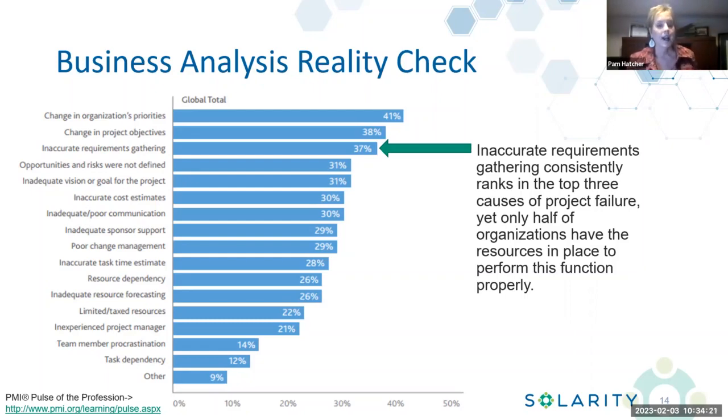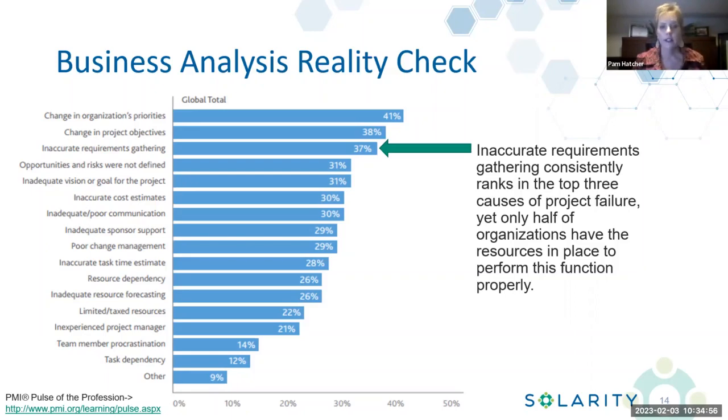Yet only half of the organizations have the resources in place to even perform this function properly. So digest that for just a second, okay? They're saying that this is the cause of why projects fail, inaccurate requirements gathering. So that skill set is either lacking as a gap for someone to do that, or they don't have anyone performing that function properly within the organization.